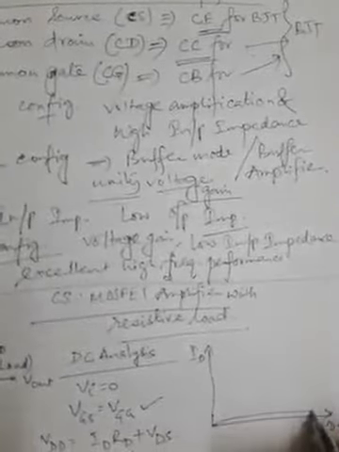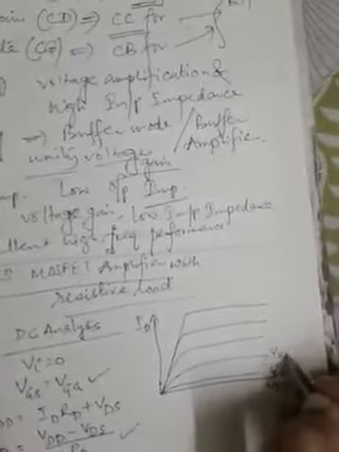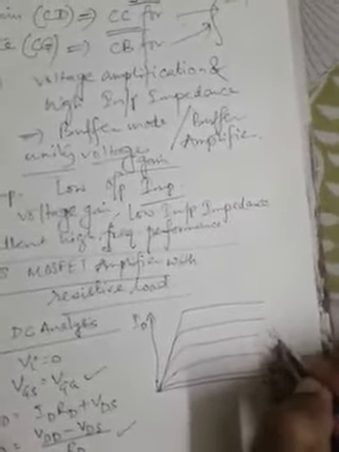Initially for small VGS the response will be in the cutoff region, and if VGS is gradually increased, the current ID will increase, so that for different values of VGS, VGS1, VGS2, VGS3, VGS4 and VGS5, we get a family of curves.